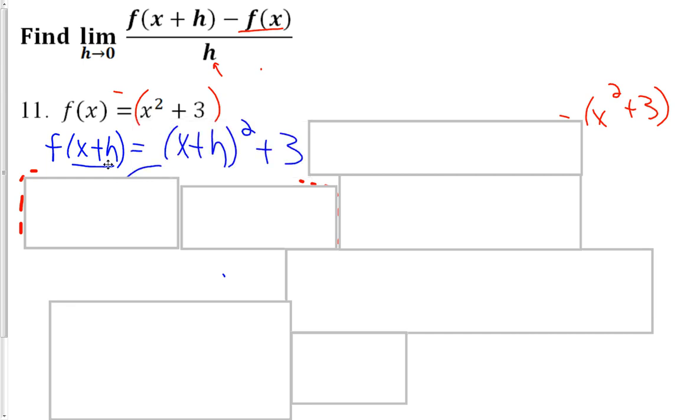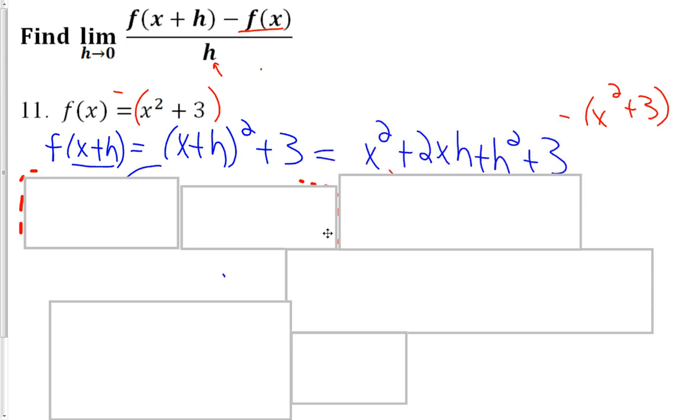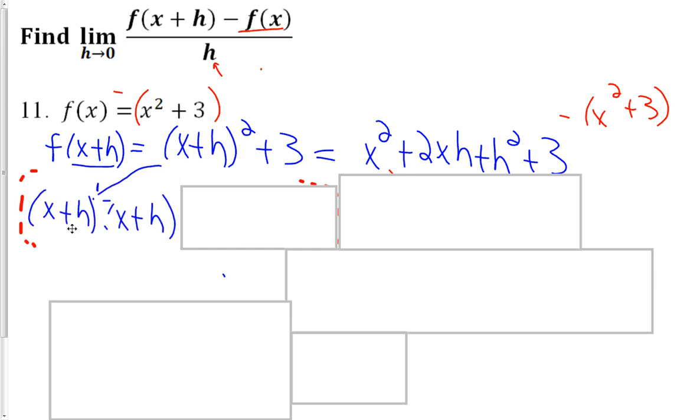So f of x plus h would equal x plus h instead of x, quantity squared, plus 3. Well, what's that? As a reminder, x plus h squared is x plus h times x plus h, which when you FOIL it, we get x times x, x squared, x times h, 1xh, h times x, another, right? hx and xh are the same, so two of them, plus outer and last, h squared.